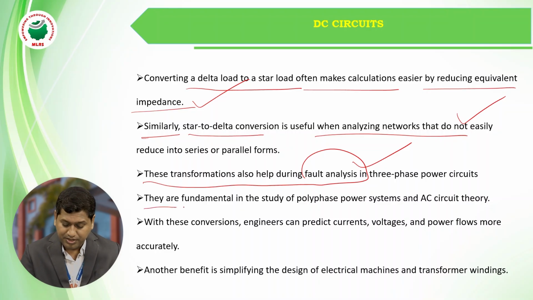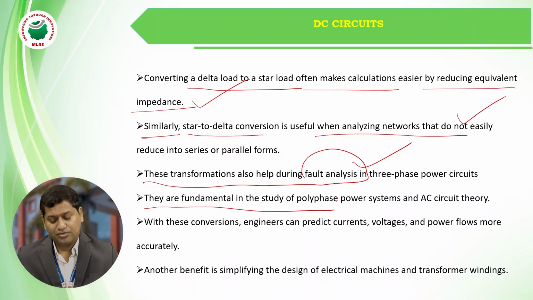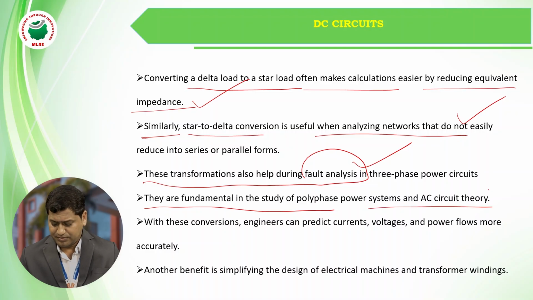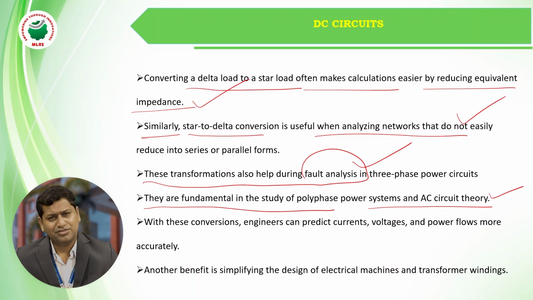They are fundamental in the study of polyphase power systems and AC circuit theory. So star to delta and delta to star are not limited to common complex problems, but are very much applicable to higher-level studies in electrical engineering.